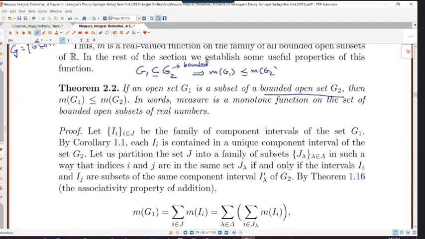It says that the measure function on open bounded sets is increasing.